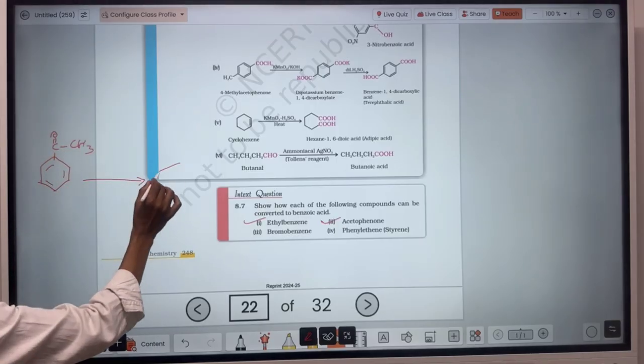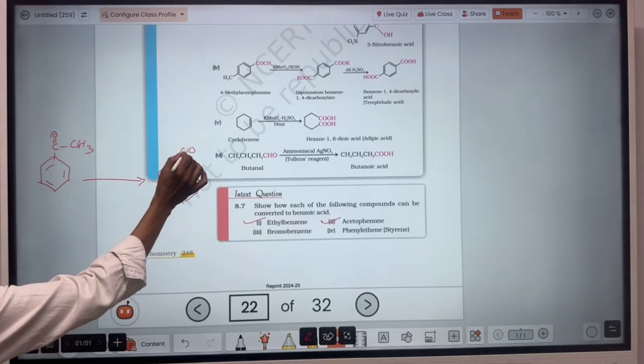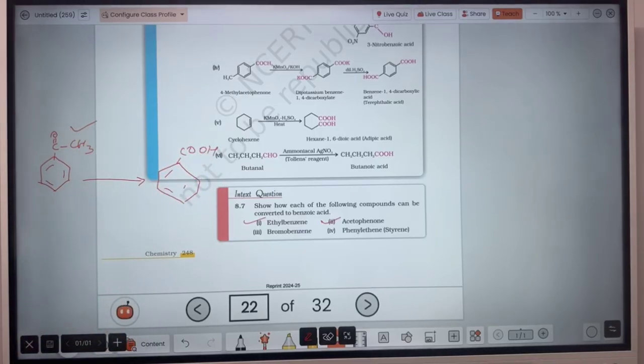This is acetophenone and you have to convert it to benzoic acid. So very easy. Take any oxidizing agent. That ketone will convert to carboxylic acid. A number of oxidizing agents you already know.